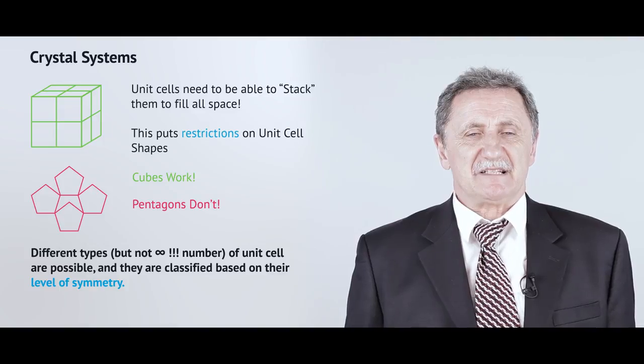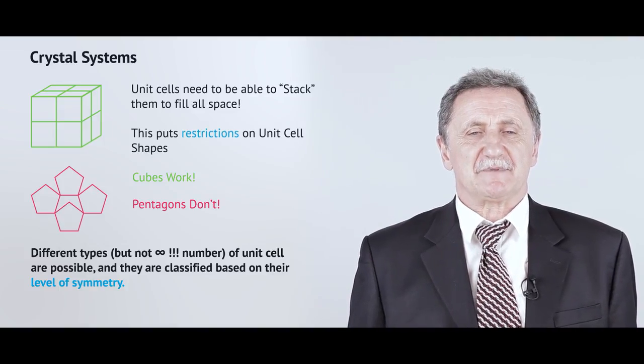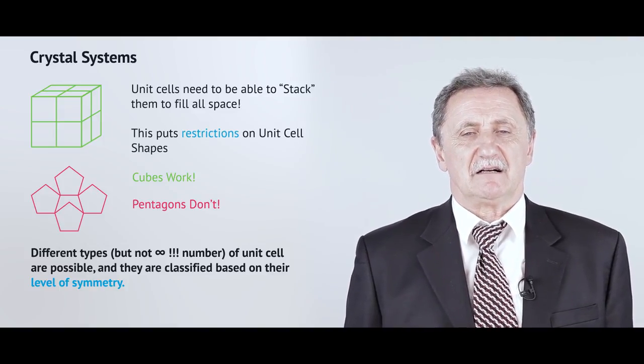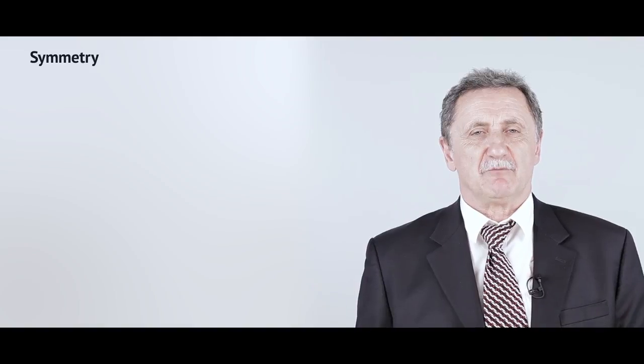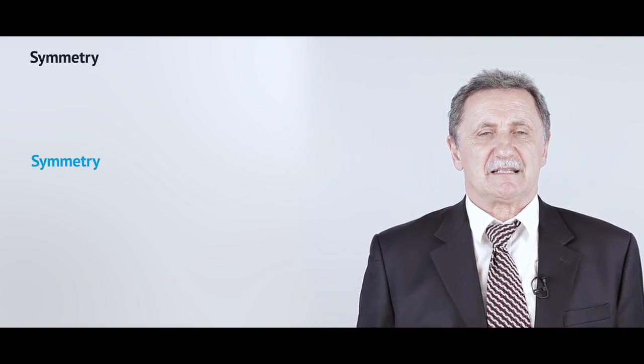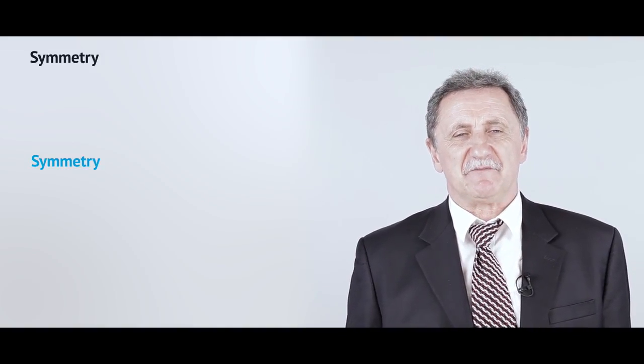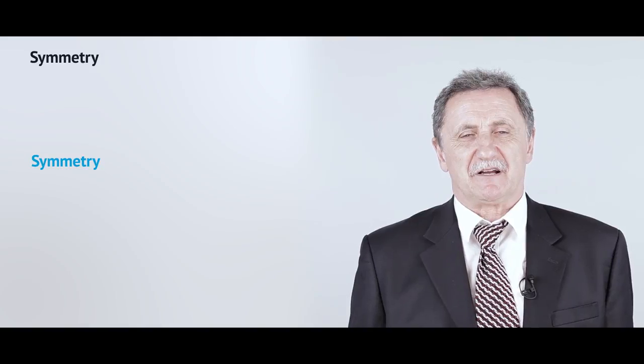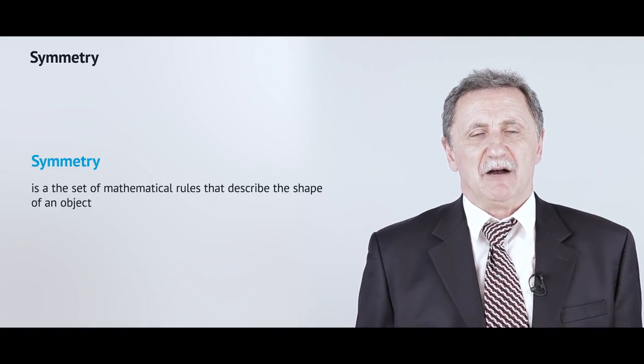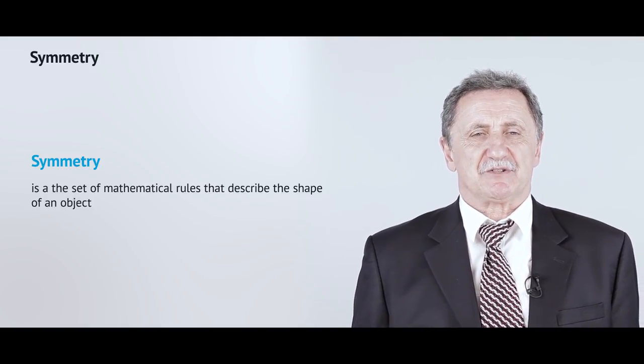So from this standpoint, different types of unit cell are possible, of course, but they are classified based on the level of symmetry. What I'm talking about. First of all, instead of talking about a specific geometry or a specific 3D structure, I will just ask you a question.